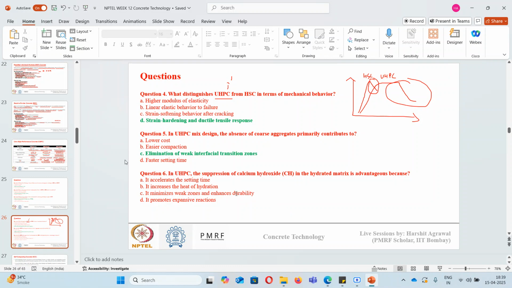Question number 6: in UHPC, the suppression of calcium hydroxide in the hydrated matrix is advantageous because... So why is this absence of calcium hydroxide advantageous in UHPC? Can you tell me the answer?